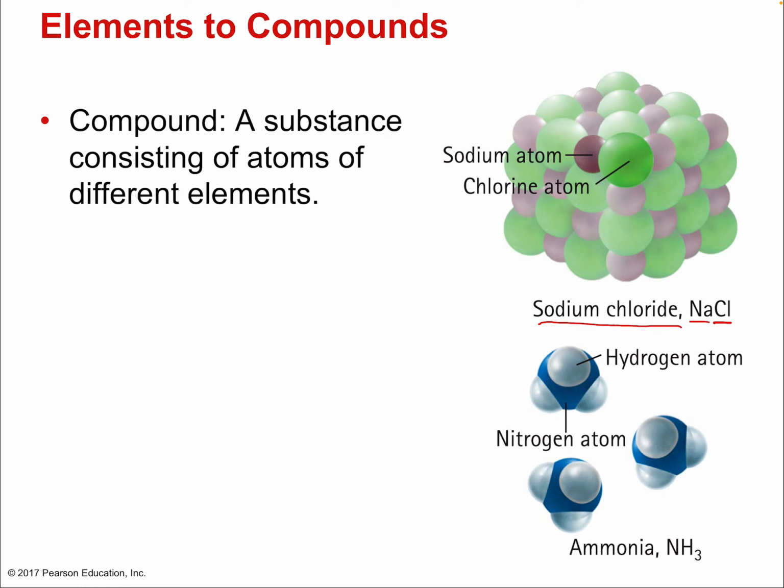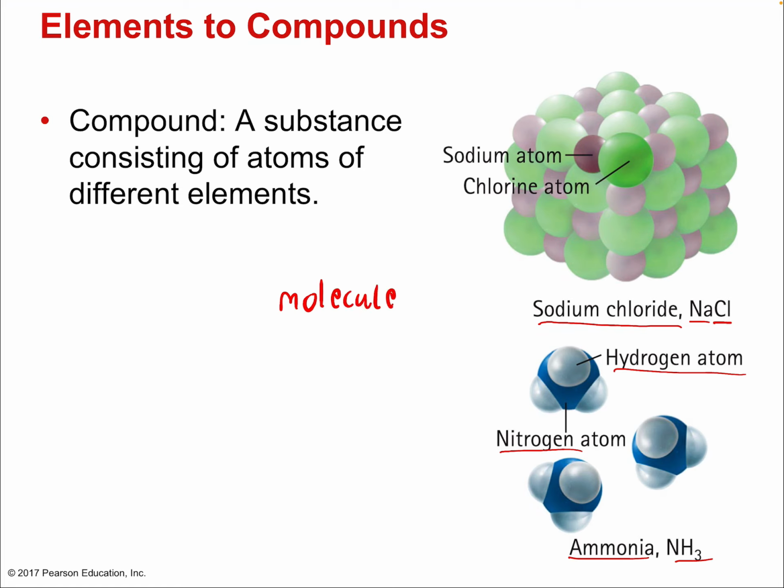And don't memorize these, just look them up when needed, right? Likewise, we can have ammonia, which is NH3, in other words, 3 hydrogen atoms formed with 1 nitrogen atom, making a compound or a molecule, all right?